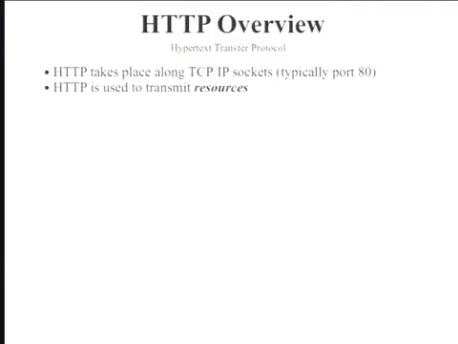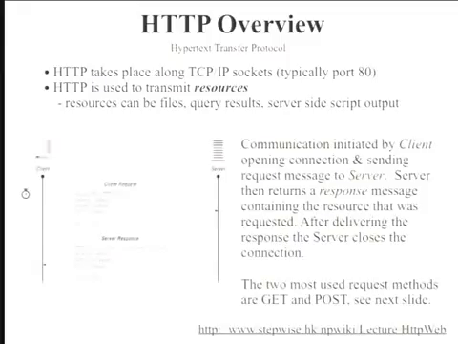HTTP is used to transmit resources, and resources can be files, query results, or server-side script output. Here's a diagram basically showing how the HTTP request is formatted and schematically transmitted from the client to the server.